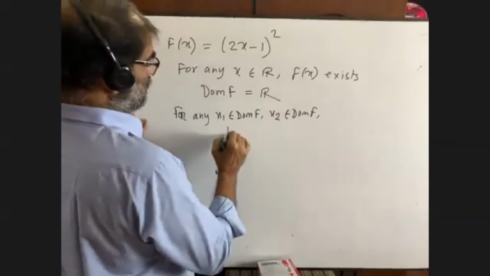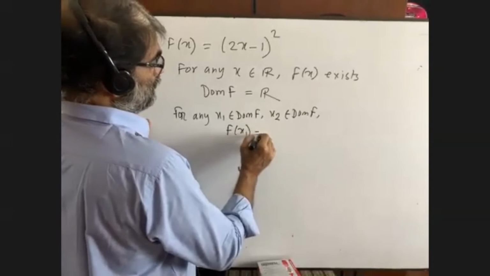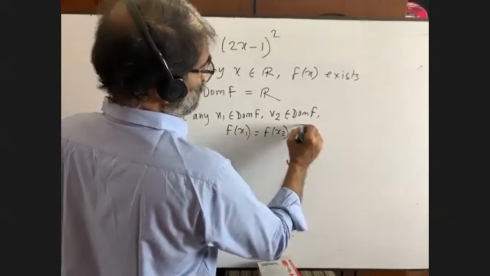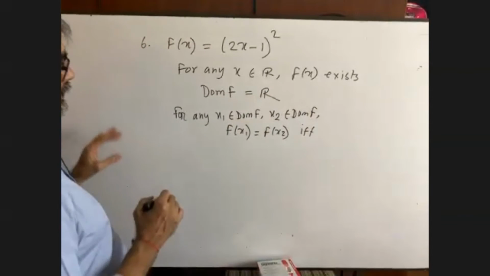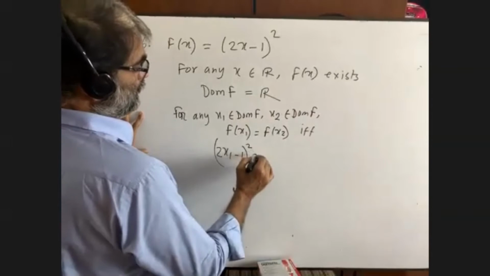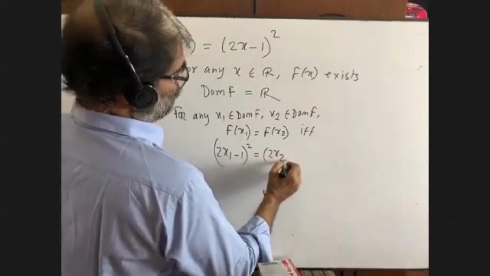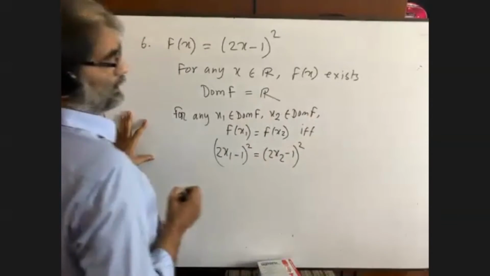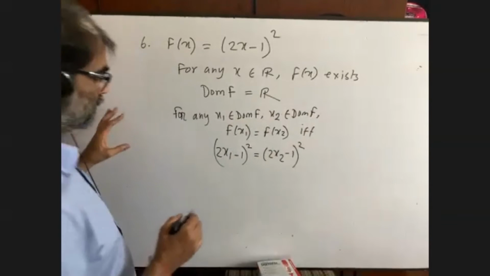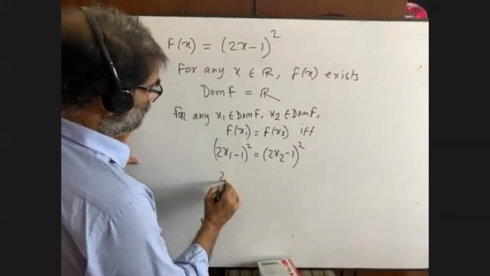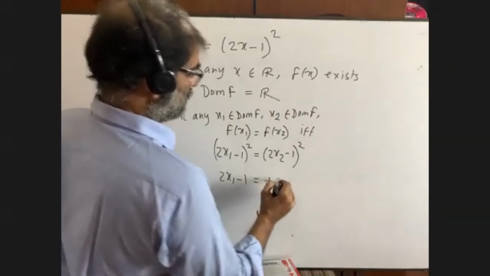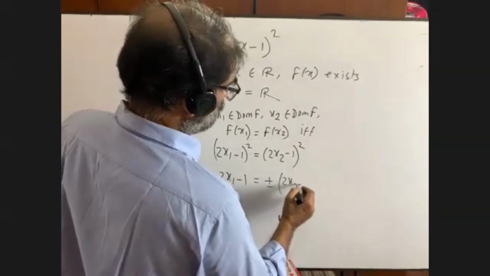Okay, f(x1) is equal to f(x2) if and only if (2x1 minus 1) whole square is equal to (2x2 minus 1) whole square, right? Now from here we see 2x1 minus 1 is equal to plus minus (2x2 minus 1).